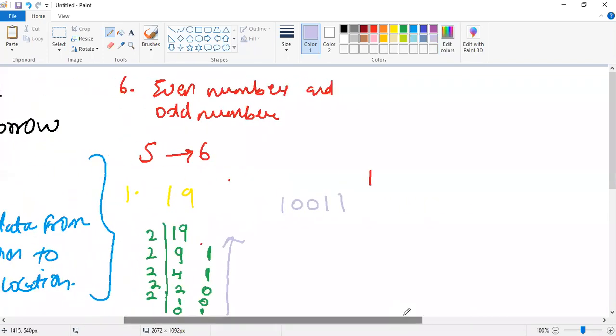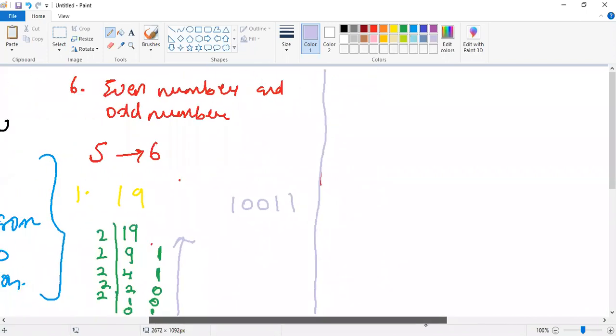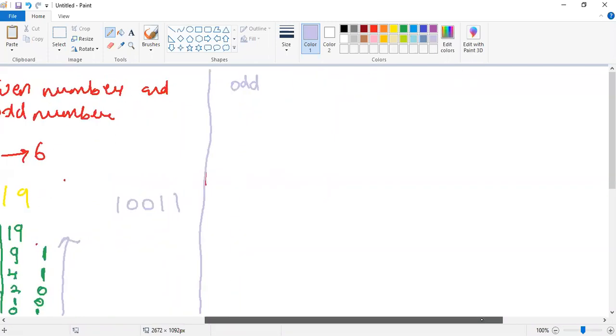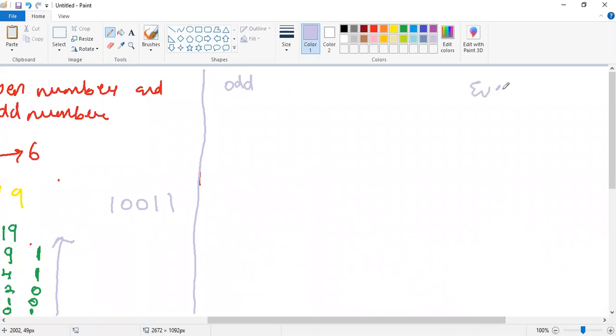Now the logic is this. Let's take some odd numbers and some even numbers. Let's take 11 and 19; these two are odd numbers. And let's take 14 and 20.